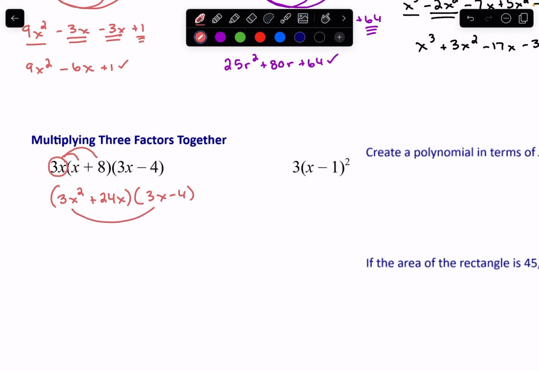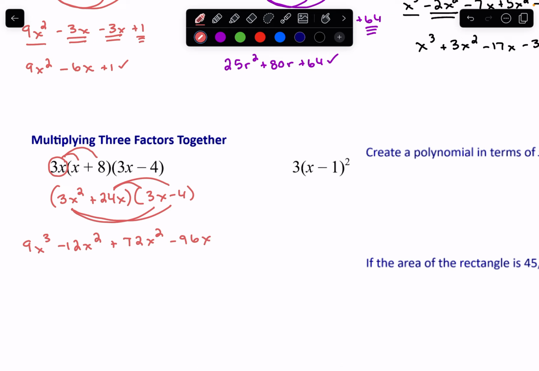So 3x squared times 3x is 9x cubed. 3x squared times negative 4 is negative 12x squared. 24x times 3x is what? 72x squared. 24 times negative 4 is negative 96x.